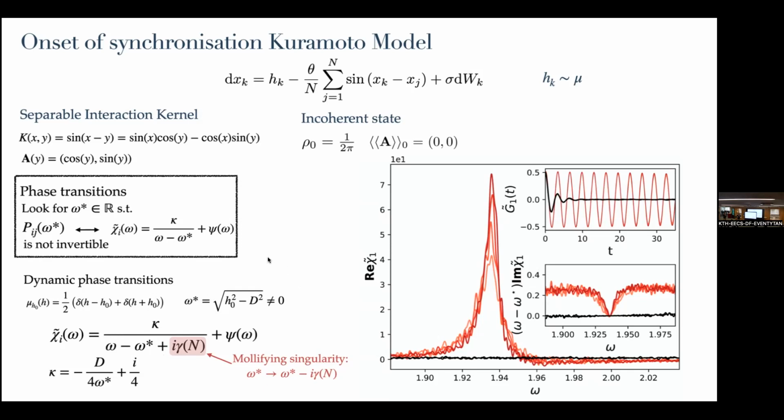The thing is, what you observe in finite systems is that you would have the singular behavior at omega star, but this singular behavior becomes a resonance, meaning that in theory you would have, as you were showing before, an eigenvalue that gets on the linear instability line. Having a finite size effect means that that eigenvalue is slightly shifted towards a stable region.